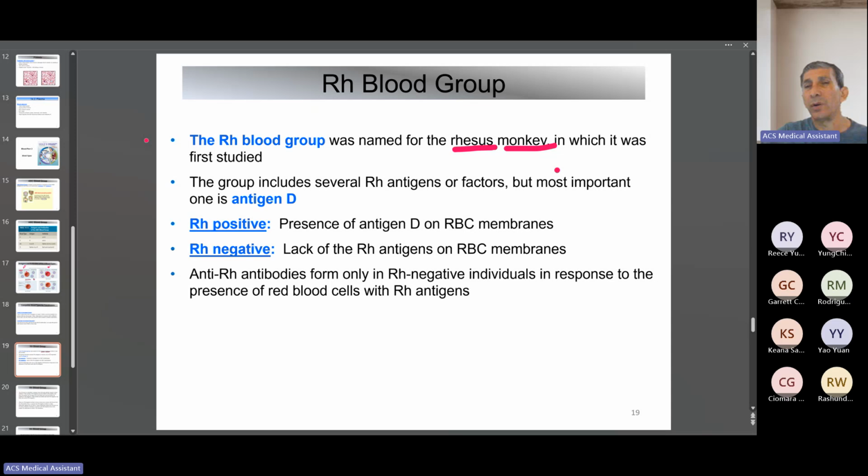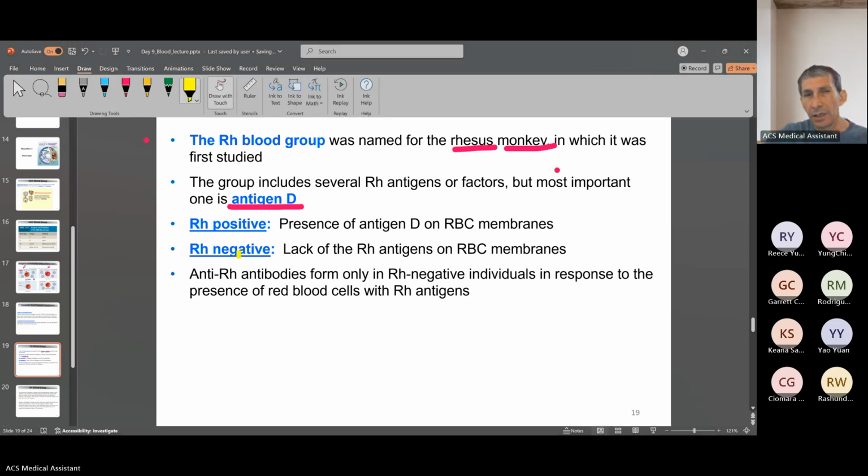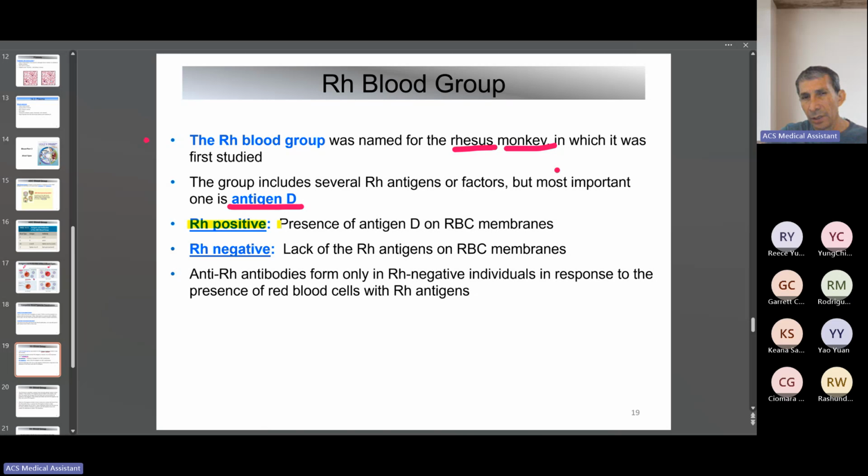And what is the name of that antigen? Antigen D. See? Antigen D. So here it reads, RH positive: presence of antigen D on the red blood cell membrane, which is the cell membrane. RH negative: in general, they lack the RH antigen in the membrane of the red blood cells.